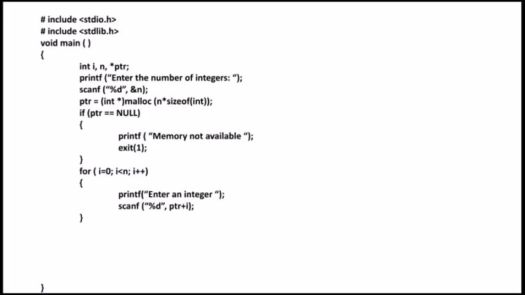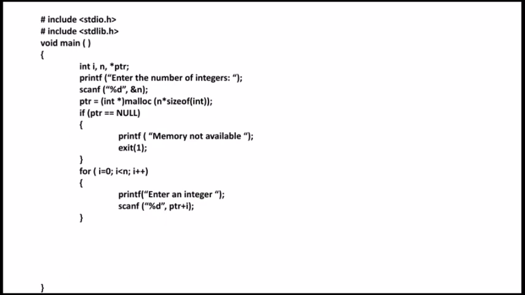Here we are just trying to enter integer values, and if you see, we are storing the value into ptr plus i. We haven't written any address because ptr plus i will automatically give the address. That's why, instead of using the ampersand symbol, we are just using the ptr variable.